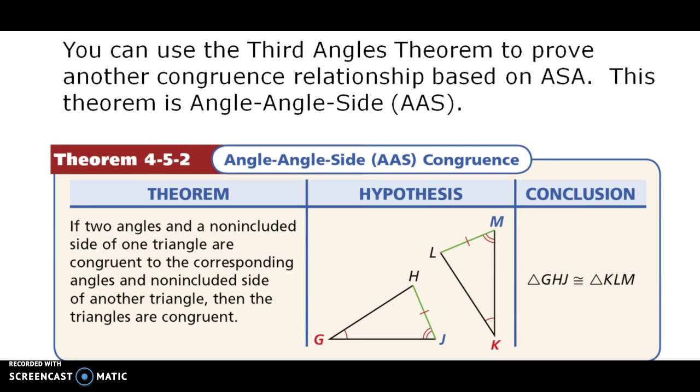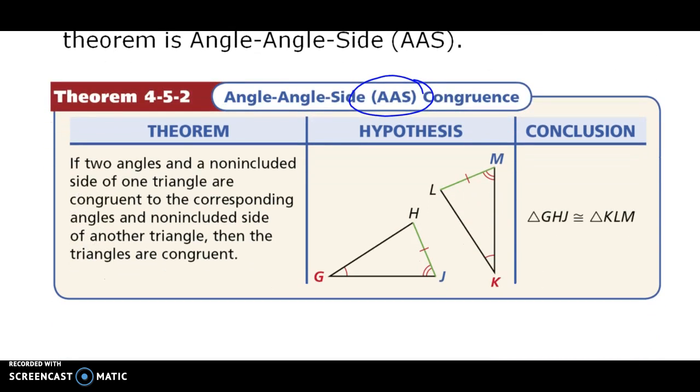Okay? I'm not going to really explain this one right now, but this is another possibility. AAS. But I do want to point out to you, why is this not ASA? Because we just learned ASA. Why is this one not ASA? Two angles and a side.